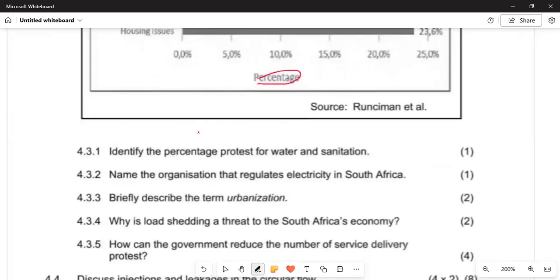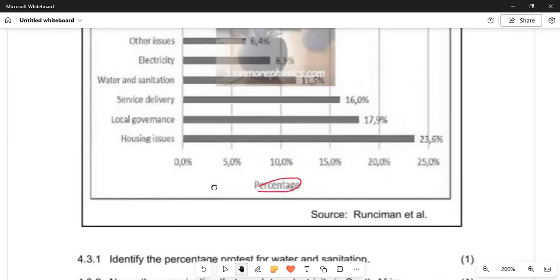The first question for 4.3 is identify the percentage protest for water sanitation. Which is this one.